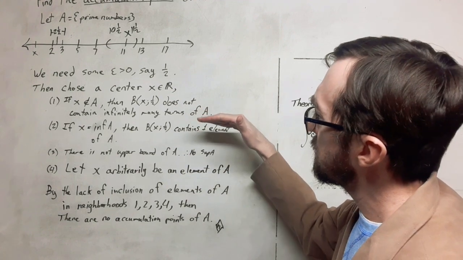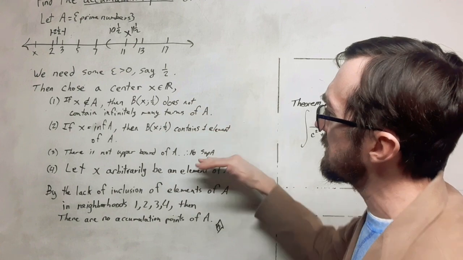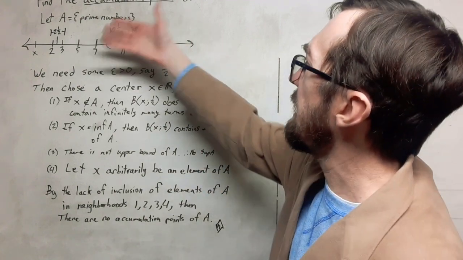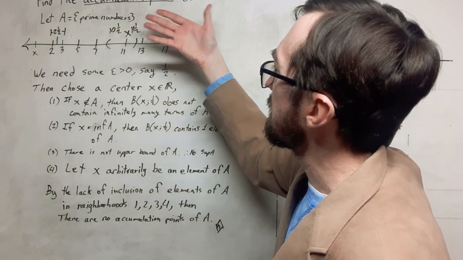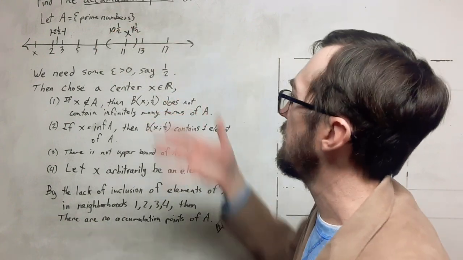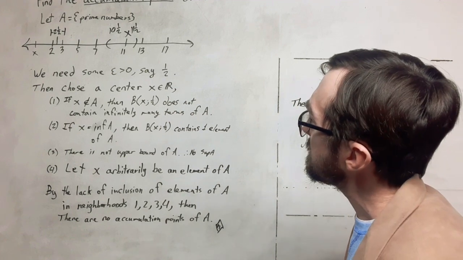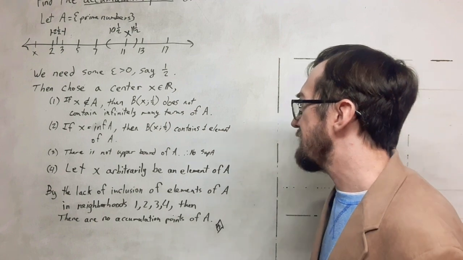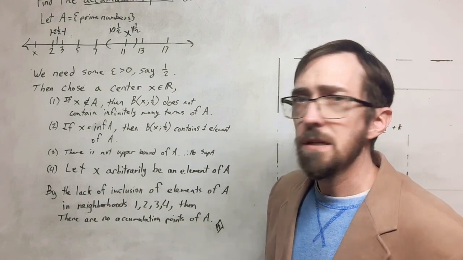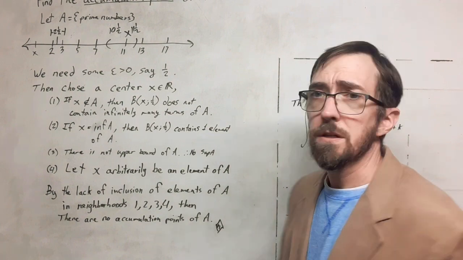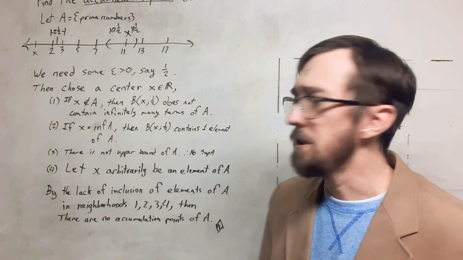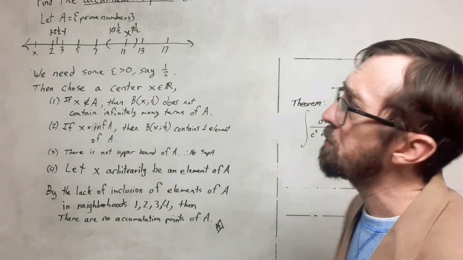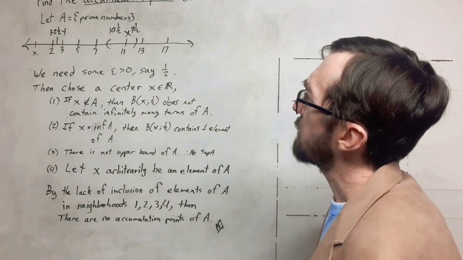So I've tried to break out the different conditions that need to be considered when we are given a set A that is a proper subset of the real numbers, and then to determine in a case-by-case basis whether we can see the properties of the accumulation point according to the definition. In this particular case, we cannot find accumulation points of the prime numbers.